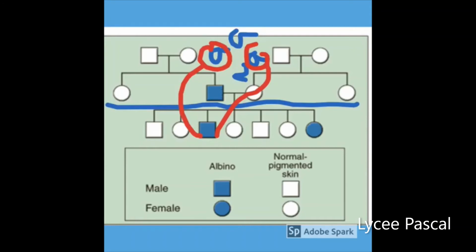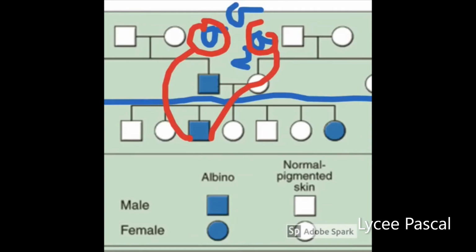Now number 6 is going to give his child, the affected individual, one of these, which is allele a. And if we look at his mom, we see that she is a normal individual. So of course she has the normal allele, which is an uppercase N, but since her child is an affected individual, she has a masked recessive allele.